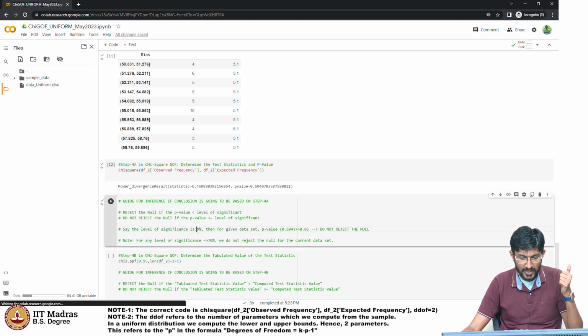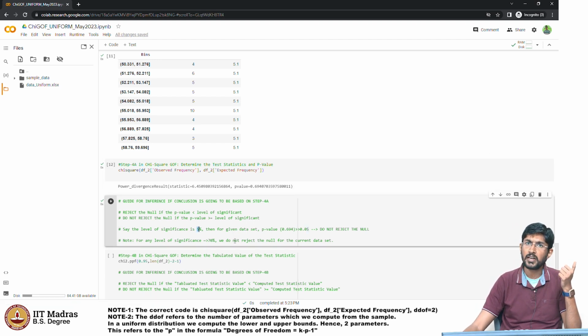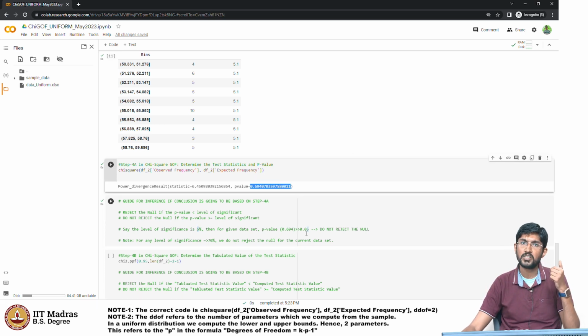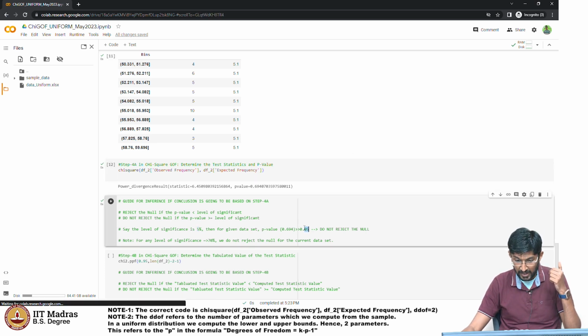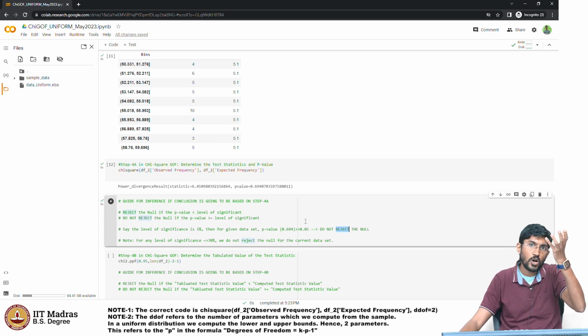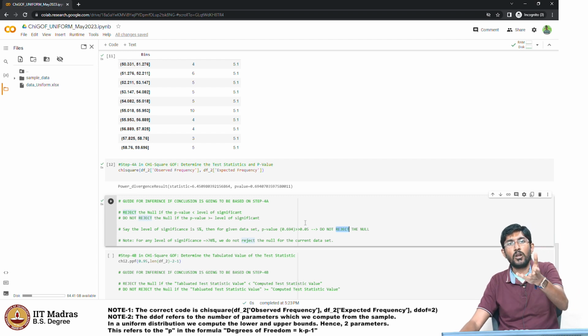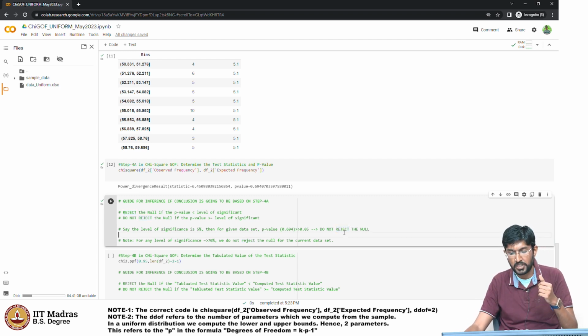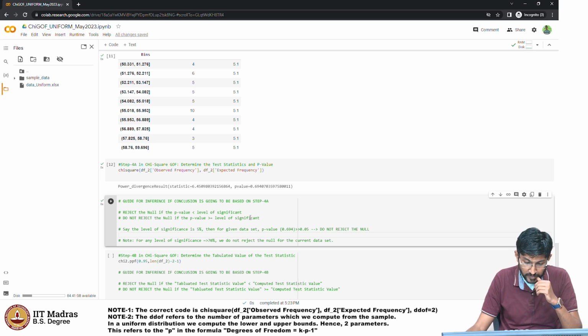In our case, let's take an alpha of 5%, which is 0.05, and since 0.694 is greater than, in fact much greater than, 0.05, I would not reject the null hypothesis, which means the population is indeed following a uniform distribution, because the sample is telling me not to reject the null hypothesis. So that would be the conclusion.